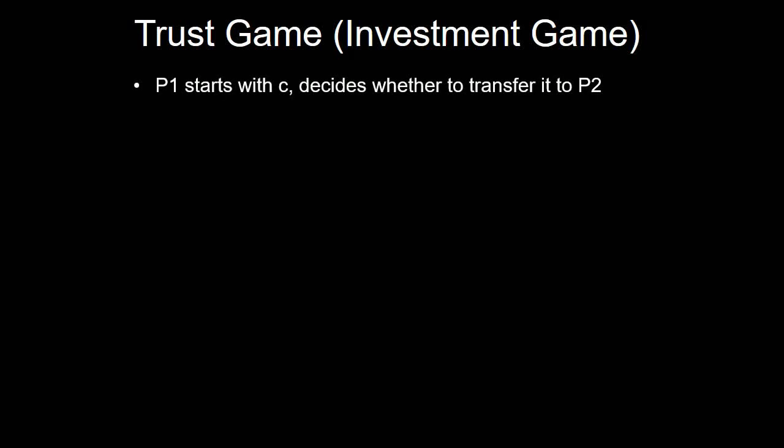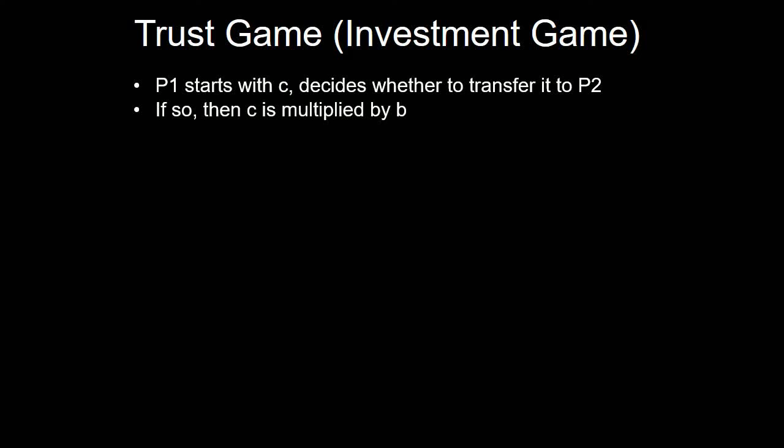And the way this is often modeled, or the canonical game for modeling this, is called the trust game, sometimes also called the investment game. The idea here is player one starts with some amount of money, let's say C units of payoff, and decides whether to keep it or to transfer it to player two.